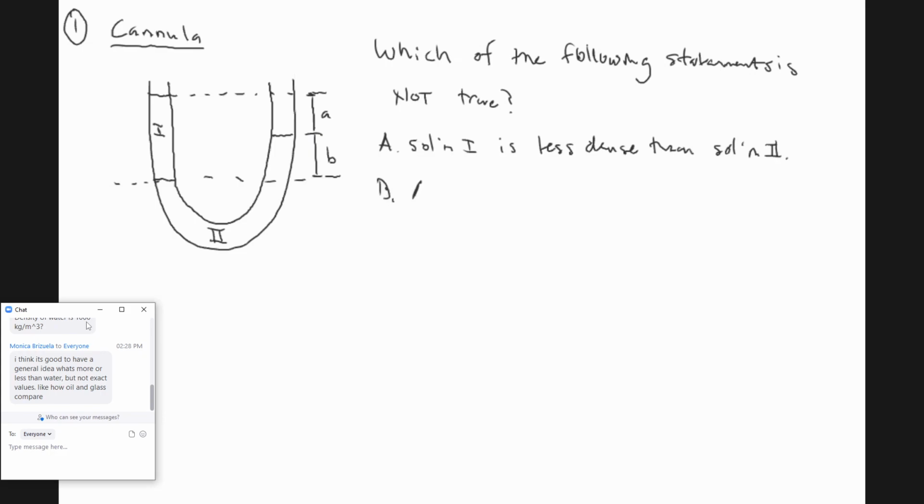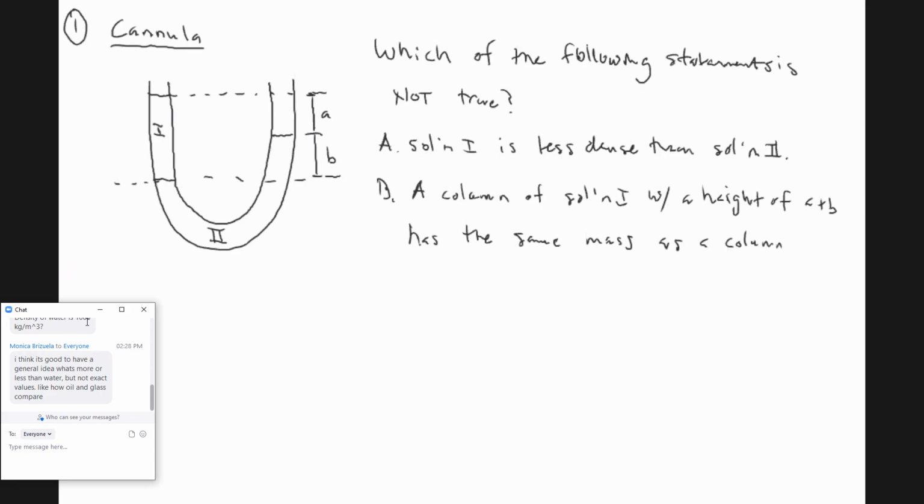B. A column of solution 1 with a height of A plus B has the same mass as a column of solution 2 with a height of B.